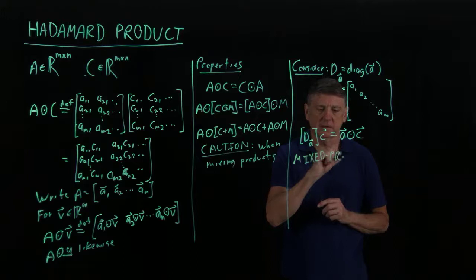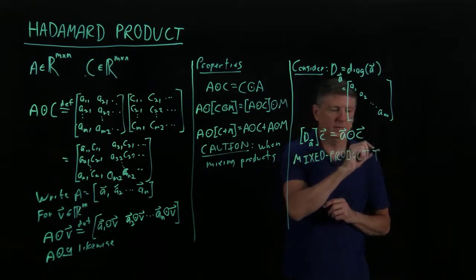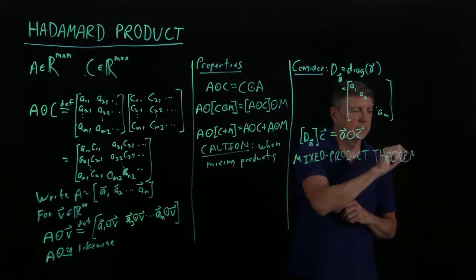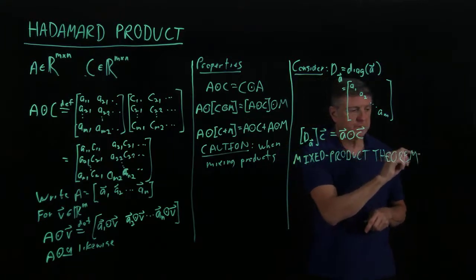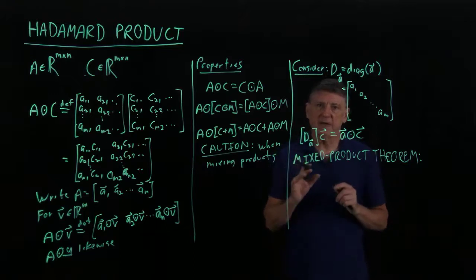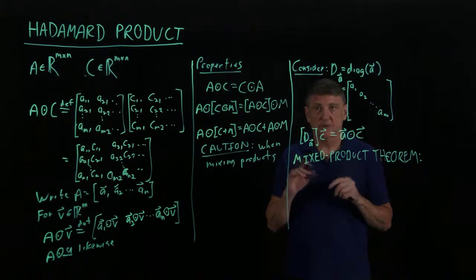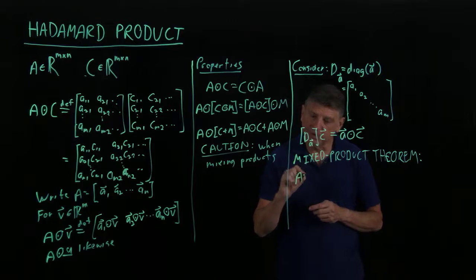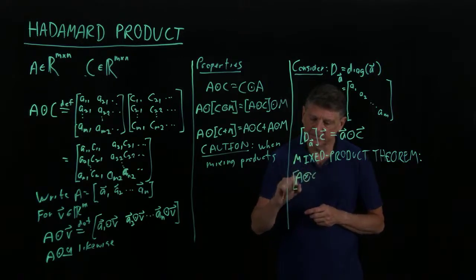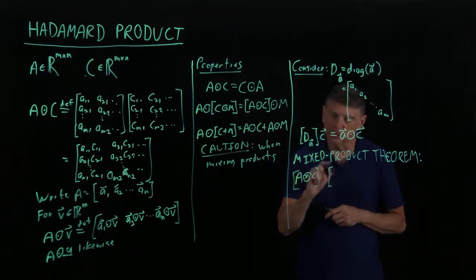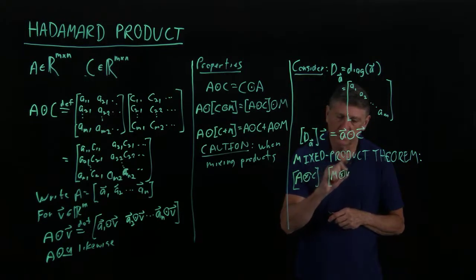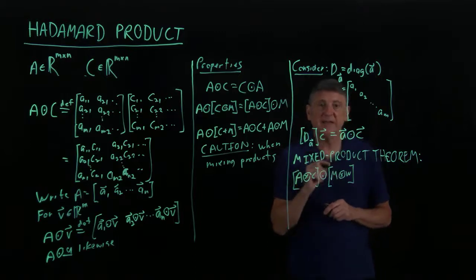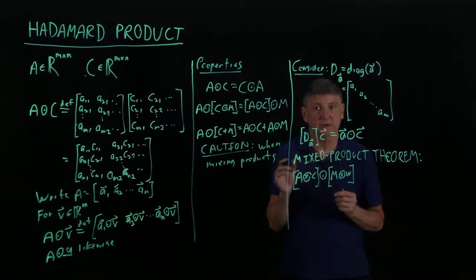The mixed product theorem, which in the language of this course is a fact because we're not going to prove it, is that if we have the Hadamard product of Kronecker products, so we have to have everything the same size, the Kronecker product of A with C, and then the Kronecker product of M with W, and we take the Hadamard product of the Kronecker products, that equals the Kronecker product of the Hadamard products. What does that mean?